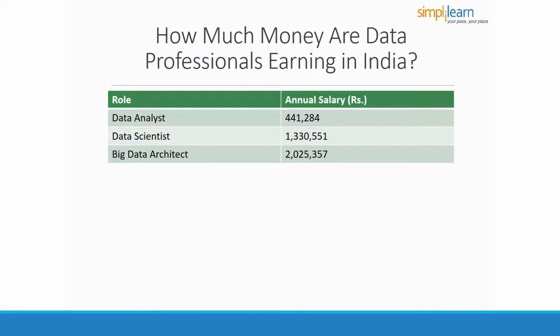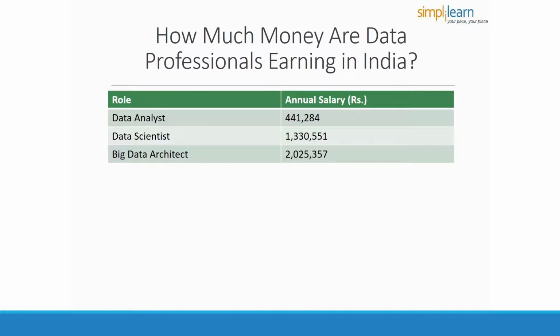Now, I looked into what I could find about these annual salaries in India. It looks like PayScale has some good data, and it at least provided some information about the data analyst, data scientist, and big data architect roles there. Data analysts are earning 441,000 rupees as an annual salary.